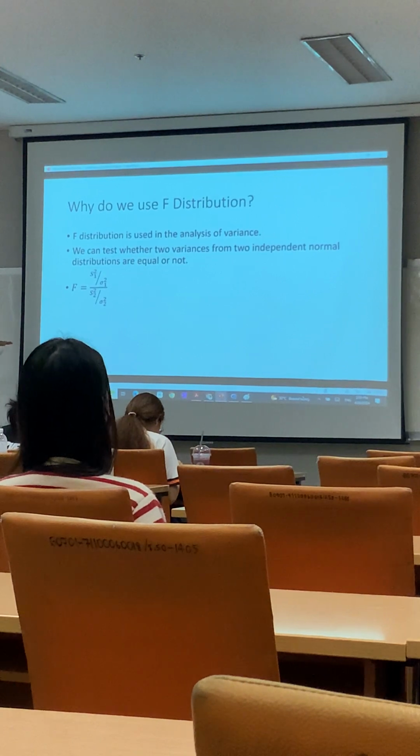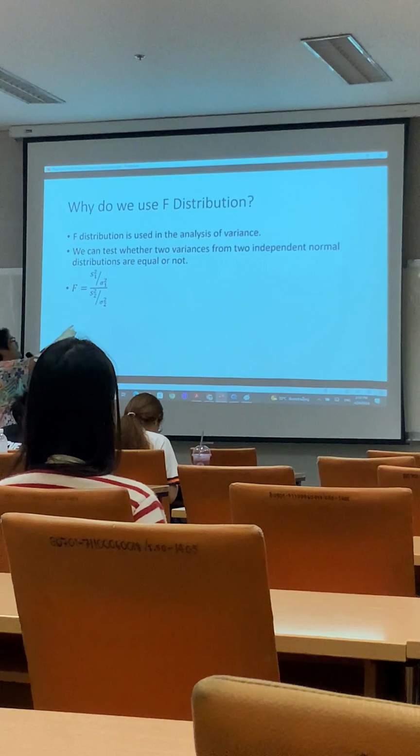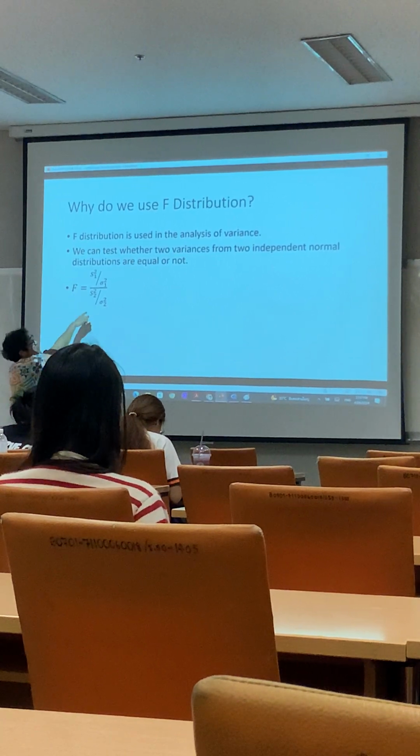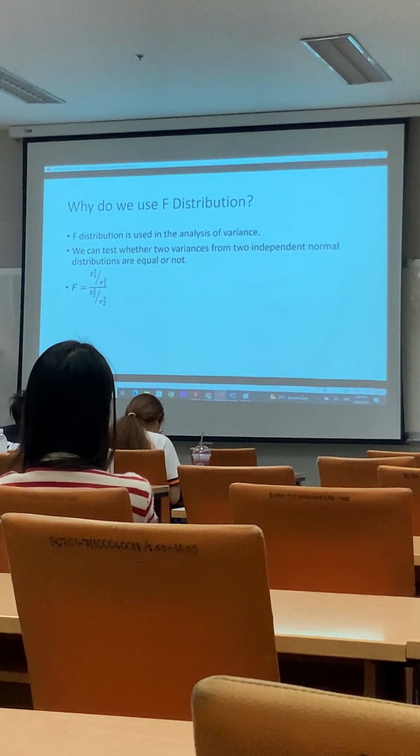So that is when you have the F distribution. F distribution actually is a ratio of two sample variances, where S here stands for the sample variance that we use in the chi-square distribution.